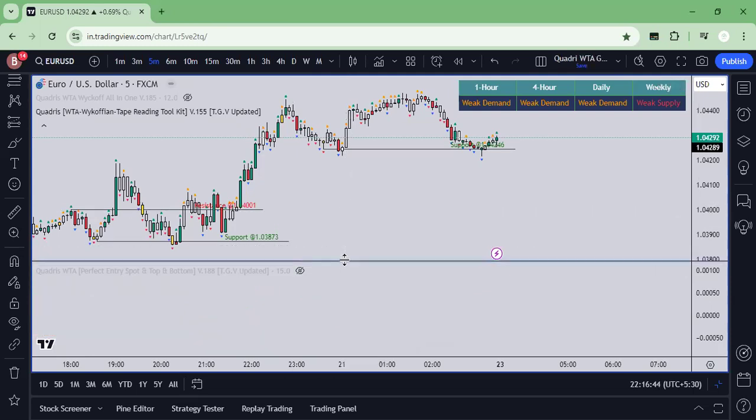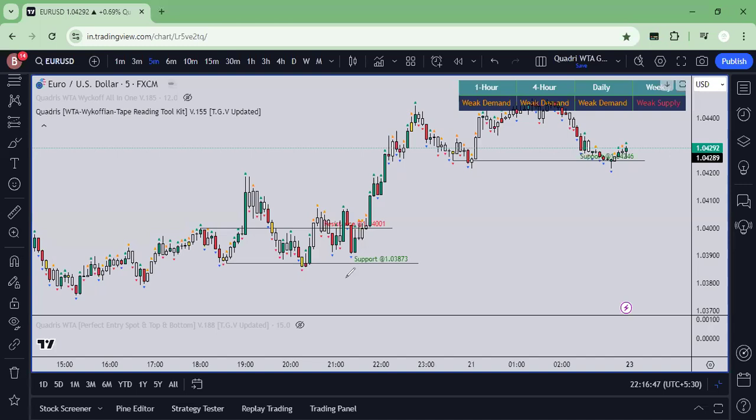Now I'll talk about the 155 version. In the 155 version, we have support and resistance plotted. Whenever a support is formed, we want price to go upwards and then come back and test it, and then we should get a demand candle. We'll buy on the first demand candle, and here the stop loss is big.